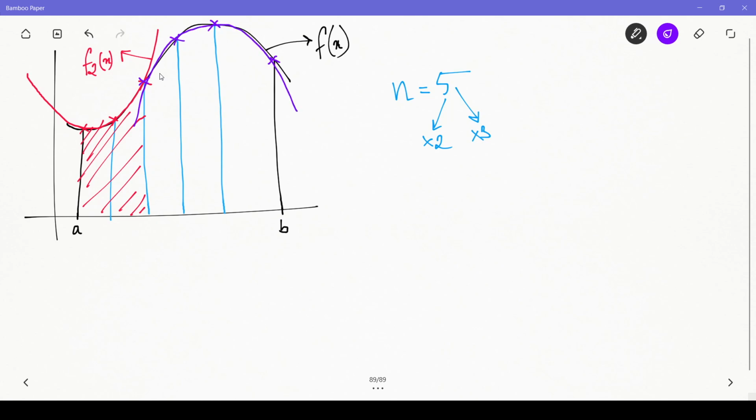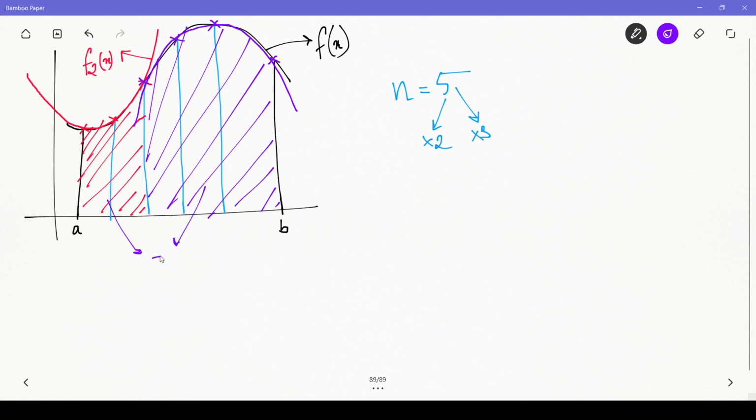Roughly it should look something like this, and we calculate the area underneath this polynomial, and we sum these two areas together, and whatever summation we end up with is an approximation of the area underneath the original curve f of x. Again, that's the idea behind the mixed Simpson's 1 by 3 and 3 by 8 rule.